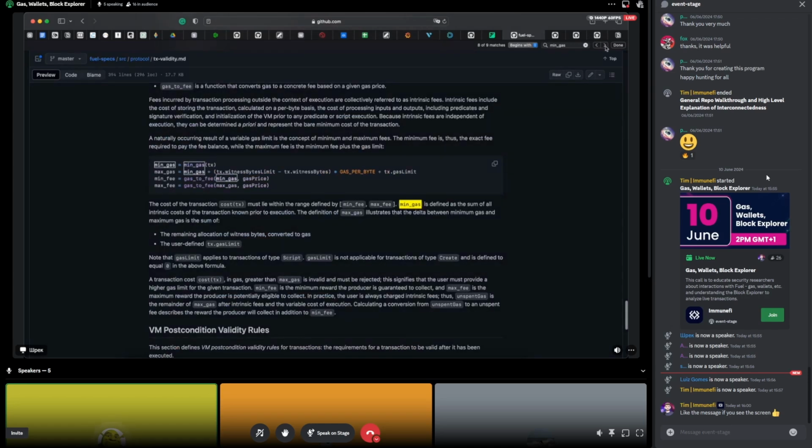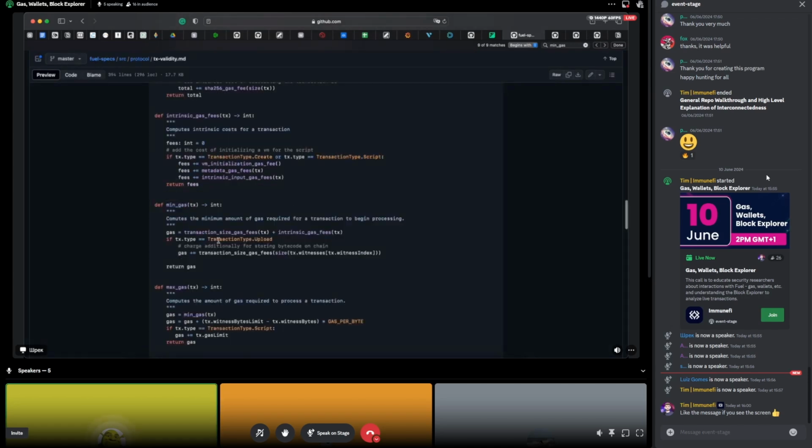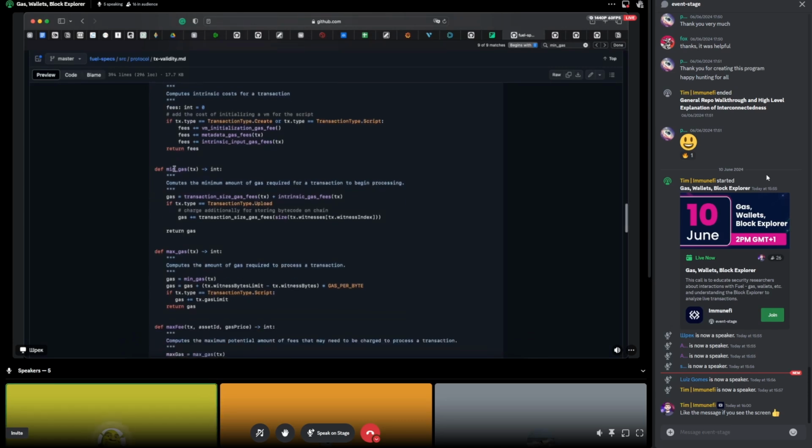It is the minimal amount of gas that your transaction will consume without touching any state on the blockchain. So it is a combination of the size of your transaction. For each byte of your transaction, we will charge 63 gas.